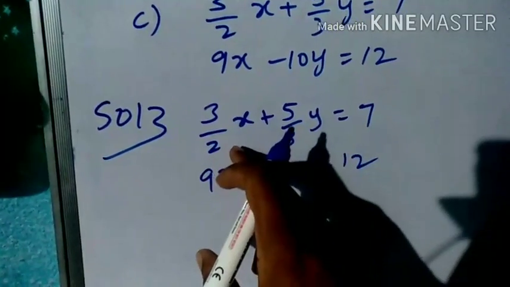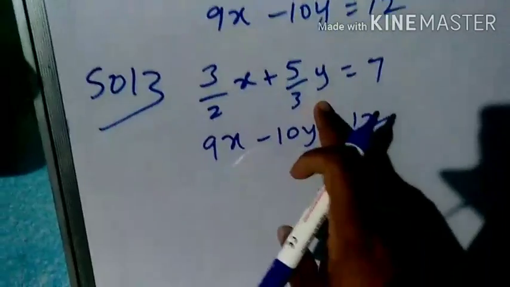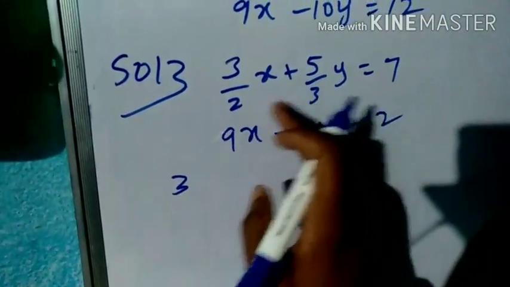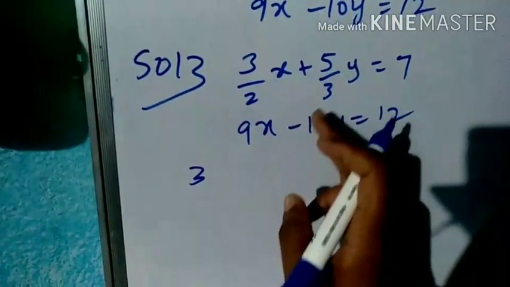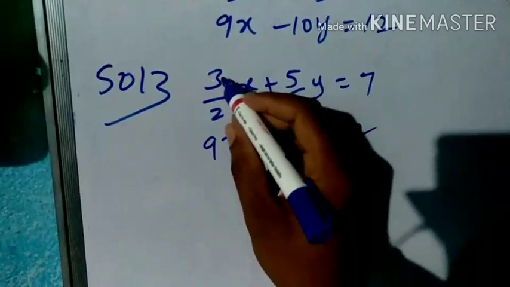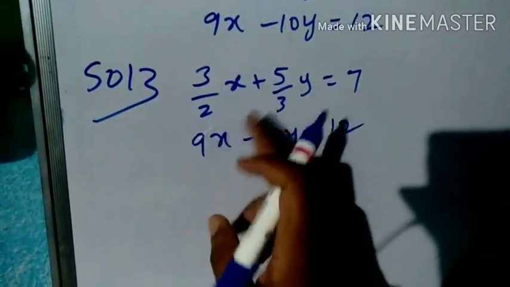So do the LCM and simplify this first equation. LCM of 2 comma 3 is 6. Now do cross multiplication simply for fractions like this.